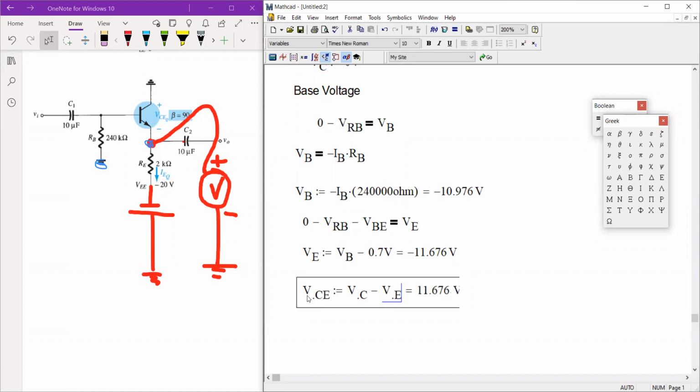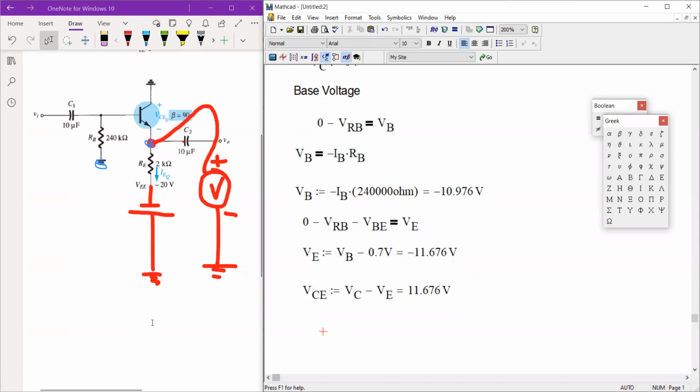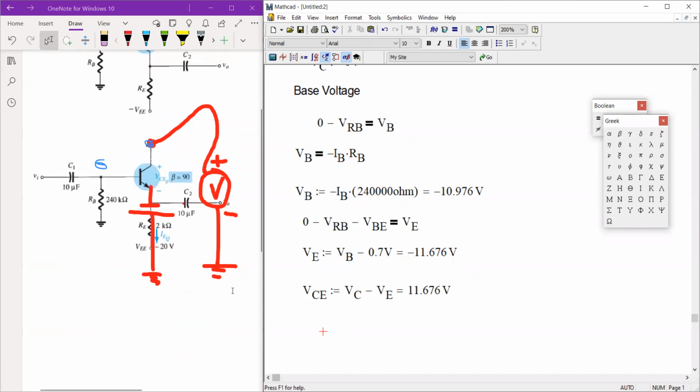So therefore V sub CE is 11.676 volts. And that's it. That's all the circuit currents and terminal voltages for the emitter follower, or common collector, configuration.